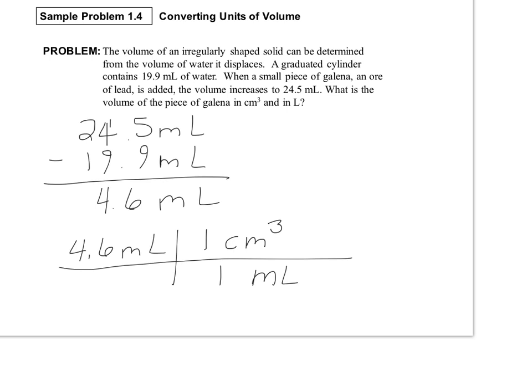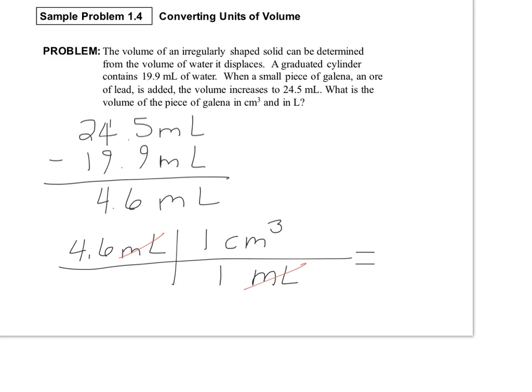Now, what's that going to equal? I like to always do my units first. Remember, everything in the top of the T gets multiplied, divided by everything in the bottom of the T. So I have milliliters divided by milliliters, which equals 1, because anything divided by itself equals 1.